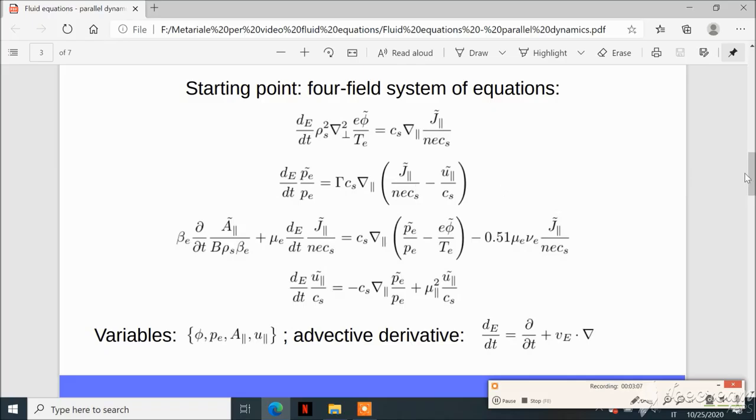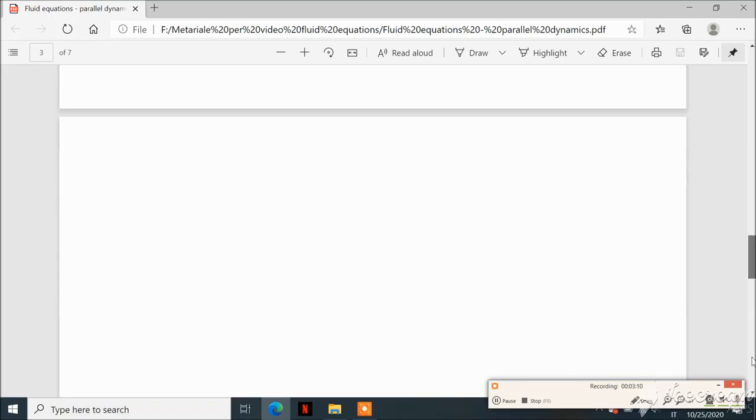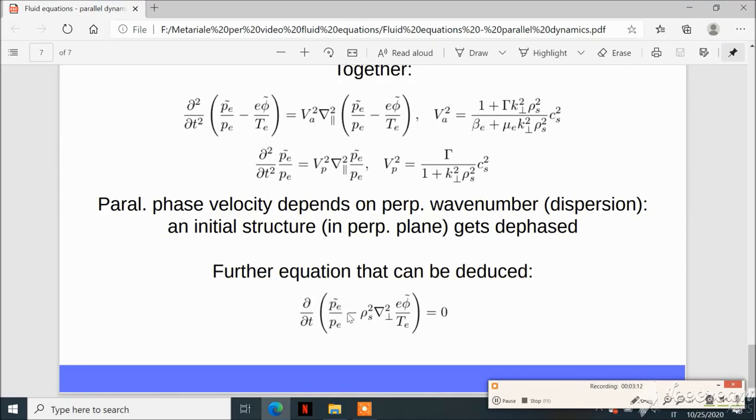We are left with the partial derivative of this quantity, which is P normalized to the equilibrium pressure, minus rho square nabla perp square of this combination, which involves electrostatic potential, equal to 0, which means that this quantity is time independent, it is conserved, and this is called sometimes entropy.